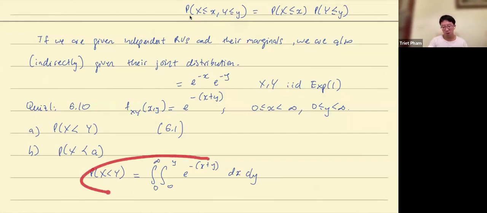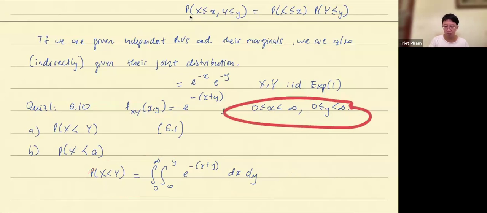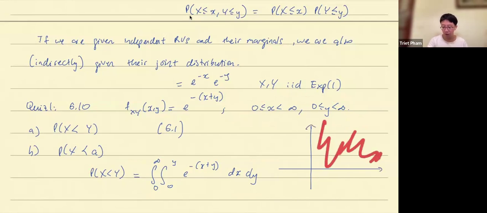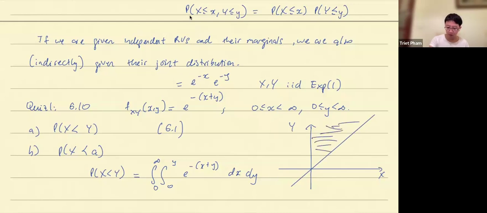I may or may not need to draw a picture, but if you want to draw the picture, and you're encouraged to, if only to get into the habit of visualizing things, the region of support is the entire first quadrant. And x less than y is this region. So x goes into y, y goes into infinity.